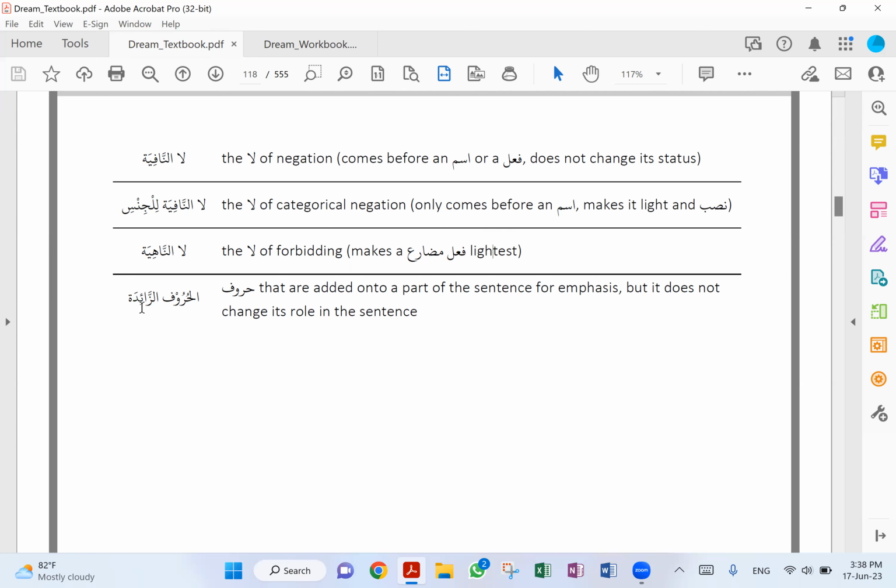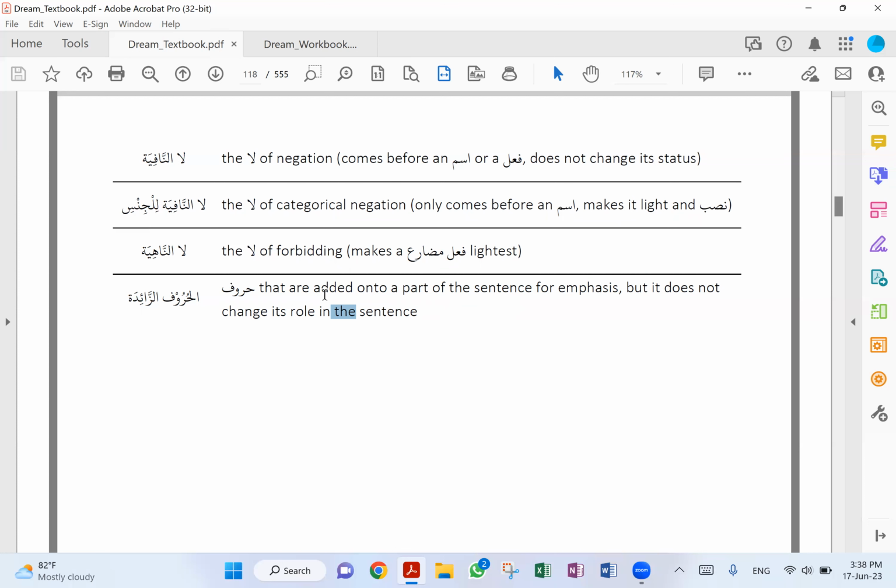Then you have al-huruf al-za'ida. These are extra words or extra huruf. So these are huruf that are added onto a part of the sentence for emphasis, but it does not change its role in the sentence. For example, if it's added to a khabar, it's still going to be a khabar. It will not change and make it something else. For example, you have ba zaida.